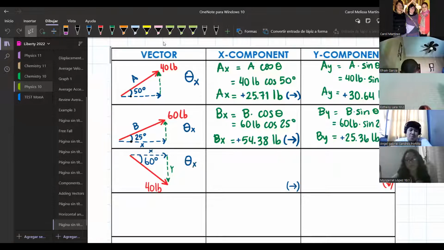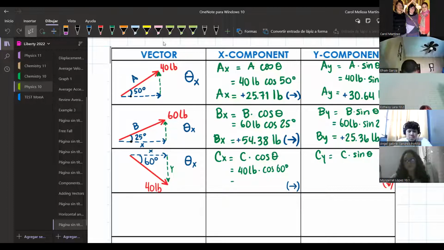So we get Cx with cosine, C cosine of the angle, and Cy using sine, C sine of the angle. Okay, so C, which is 40 pounds, cosine of 60 degrees. And as you say, Angie, it is 20 pounds.